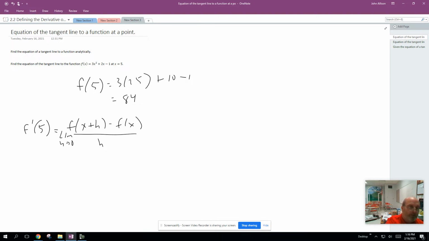And so we're going to plug in 5, which is the limit as h goes to 0 of f of 5 plus h minus f of 5 all over h.